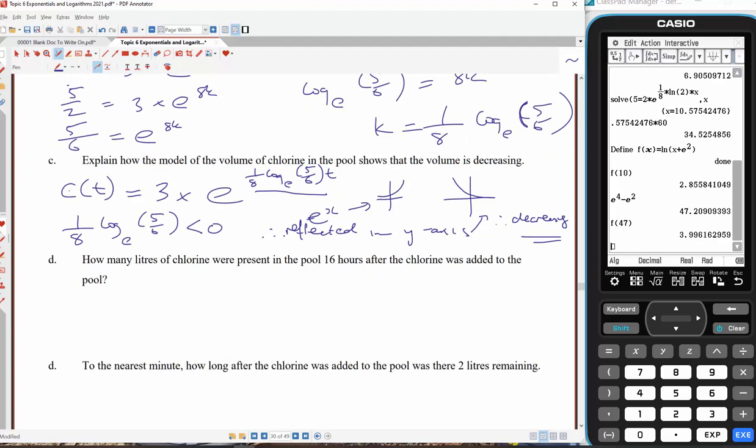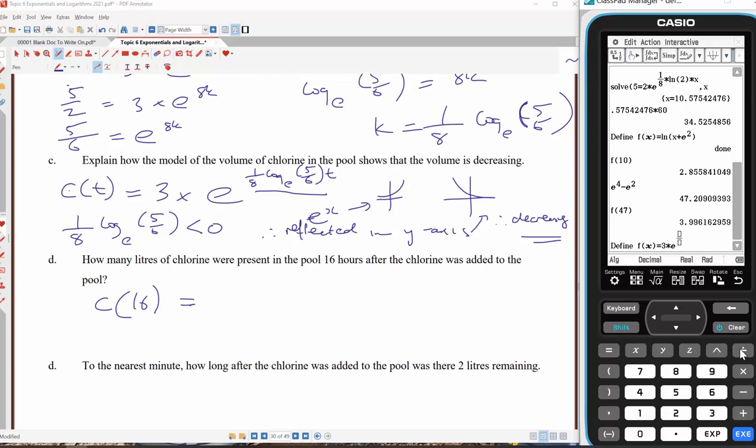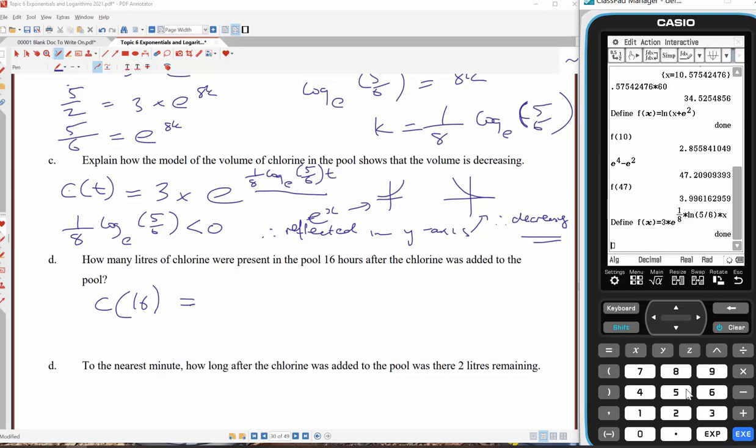How many litres of chlorine were present in the pool 16 hours after the chlorine was added to the pool? Okay, so C of 16 equals, so probably worth defining, shift define, f of x equals 3 times shift e to the, shift divide for the 1/8, times shift 6 for the ln, 5 on 6, times x, and there's my function.